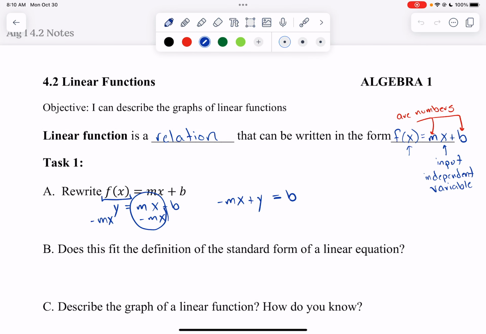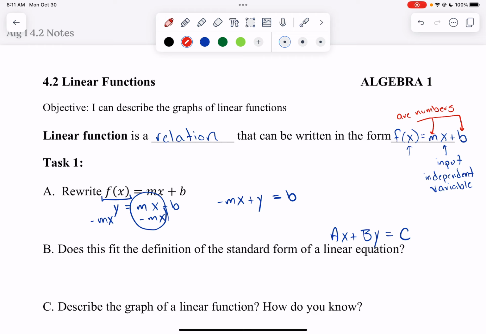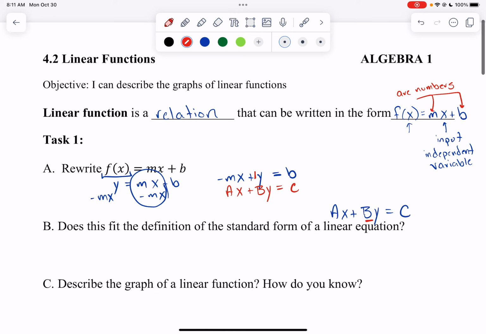Now, this looks a lot like that, in that my m is my a. So basically I have ax. My b is 1 by. And then my uppercase c in this case is actually a b. So it fits that same pattern.